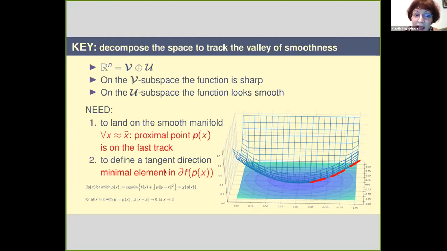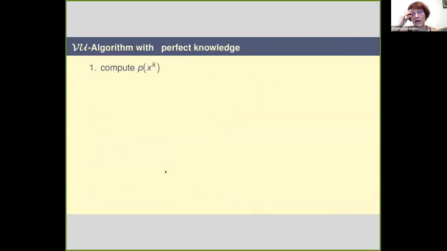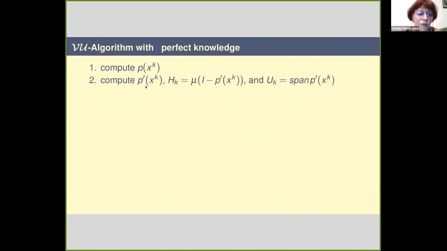But if we are lucky enough to have this perfect knowledge, how would the algorithm work? And this is the algorithm that I coded in this challenge. Compute the proximal point of the current iterate, then compute its Jacobian, which we can because it is explicit, and then check in which subspace it is, and this will give us the Hessian.